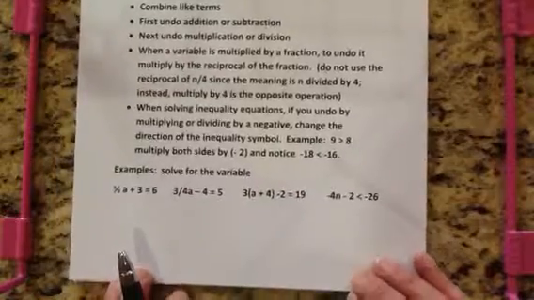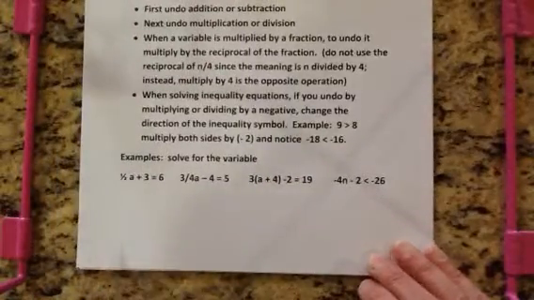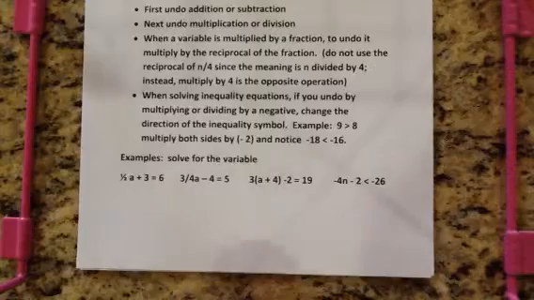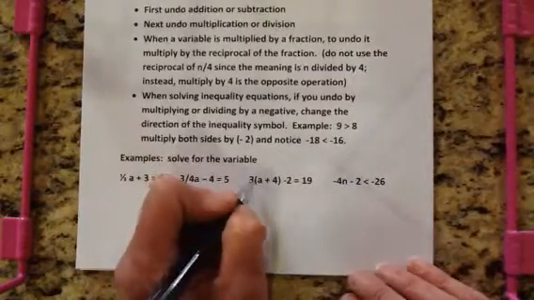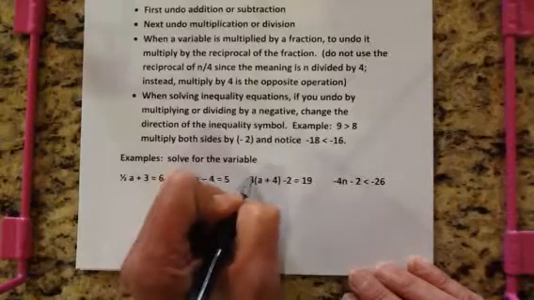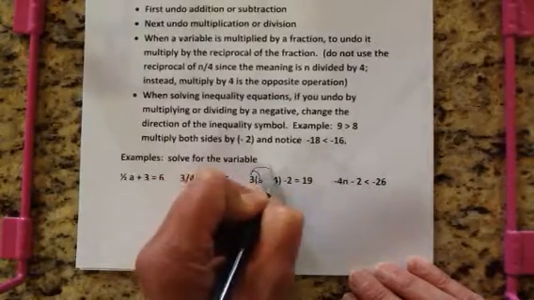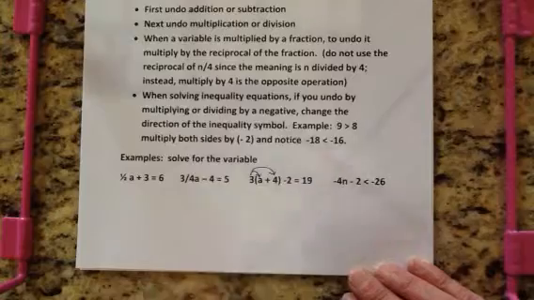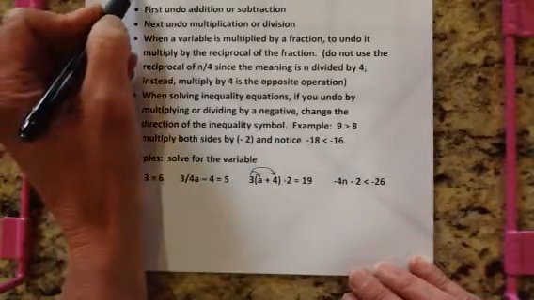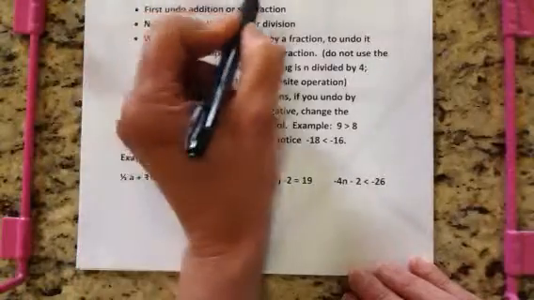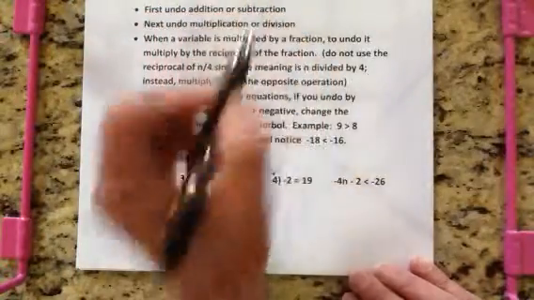Okay, I've got some examples down here that I wanted to work for you, and I'm not necessarily going to do them in order. Let's start with this one. Notice in this one, I need the distributive property. So notice it says here, undo the distributive things first.